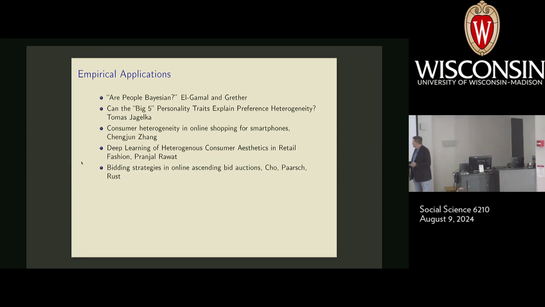Another paper just came out in the JPE by Tomas Jagielka. It's a model using experimental data to estimate time preferences and risk aversion, and they relate it to what's called the Big 5, like, are more conscientious people more or less risk averse, for instance?